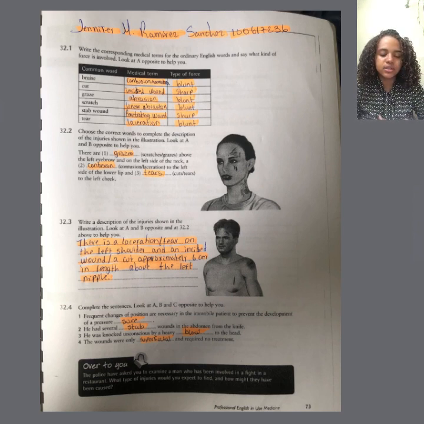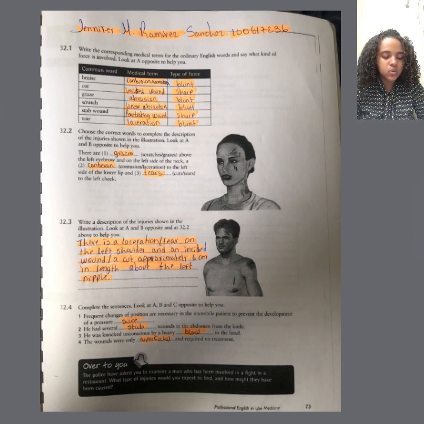Common word, medical term, type of force. Bruise, contusion, blunt. Cut, incision, sharp. Graze, abrasion, blunt. Scratch, linear abrasion, blunt. Stab wound, penetrating wound, sharp. Tear, laceration, blunt.